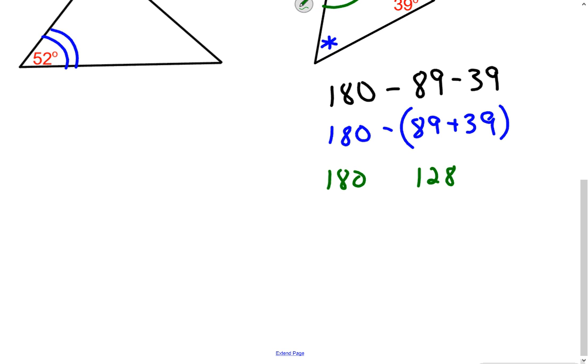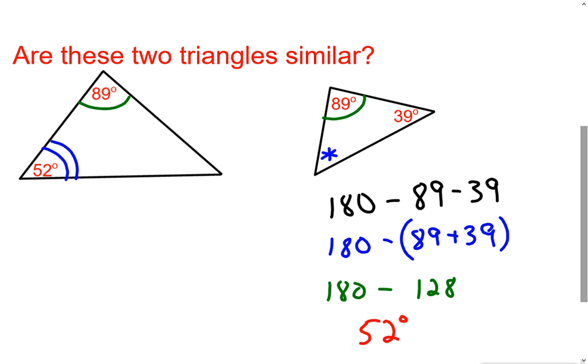And then I still have to take the 180 and subtract that. If I take 180 minus 128, we end up with, we'll stick with the red then, that turns out to be a 52-degree angle. So this angle right here that I had marked as a star turns out to be 52 degrees.